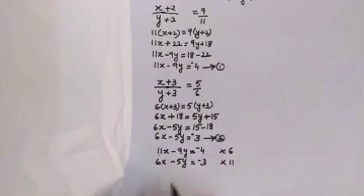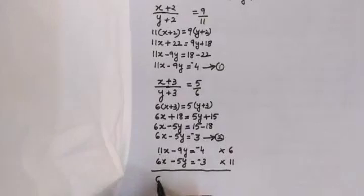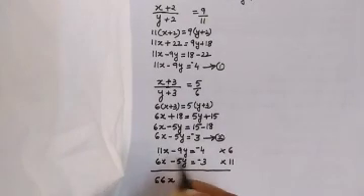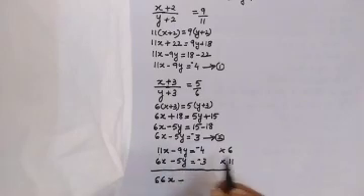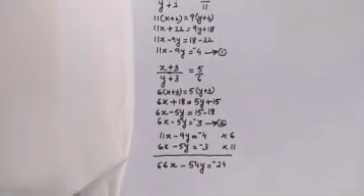So 11x into 6. So I am going to underline this. Next two new equations are 66x. 11x into 6, 66x minus 9y into 6, 54y equal to minus 4 into 6 is minus 24.